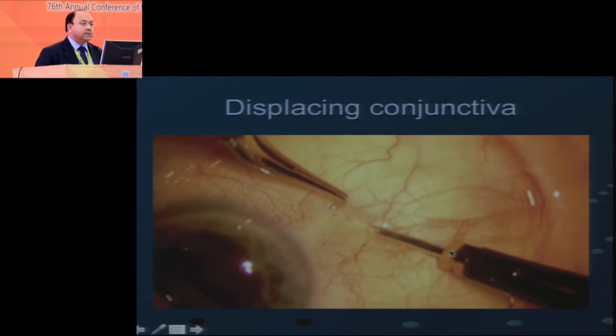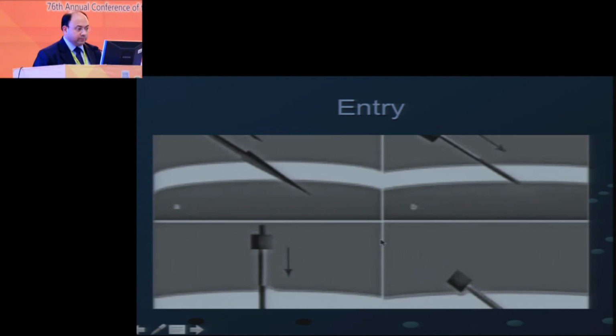Also, whenever we are inserting, as you can see over here, the trocar cannula system is inserted at an angle. They say usually about 15 to 20 degree angulation with the surface, and we don't point it towards the cornea, we keep it tangential to the cornea or tangential to the limbus and enter at an inclination.